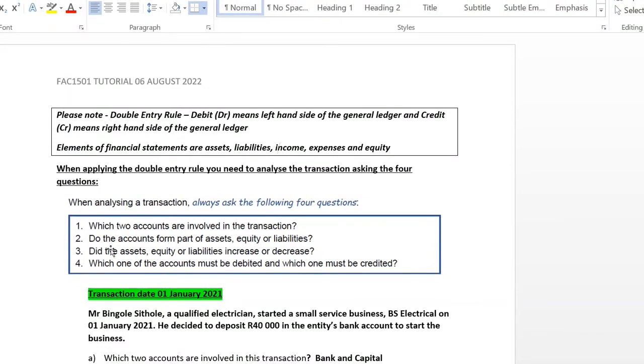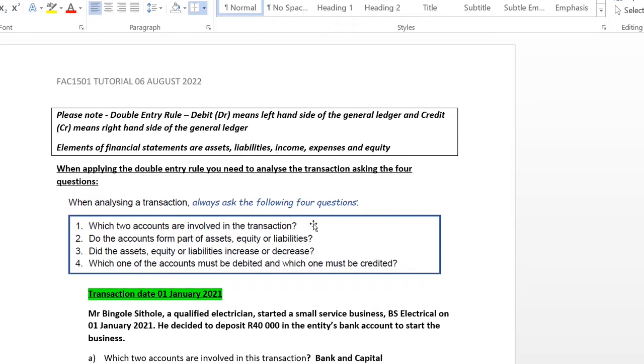Number two is, do the accounts form part of asset, equity, or liability? Number one is sales and bank. A sale happened whereby stationery was sold by Walton's, and the customer paid by EFT.